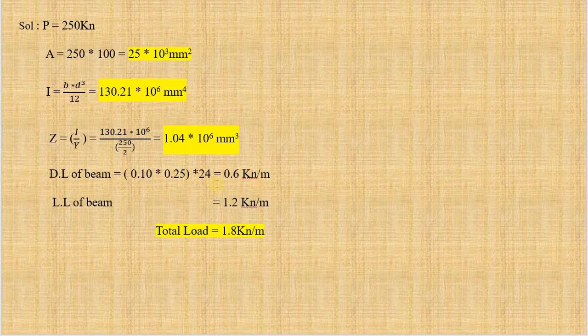So you will get 0.6 kilonewton per meter as a dead load, and this live load is already given in the question. So take it as 1.2 kilonewton per meter and add these two to get a total load. In pressure line, always we should add dead load and live load for the calculation. So we should consider a total load as 1.8 kilonewton per meter.